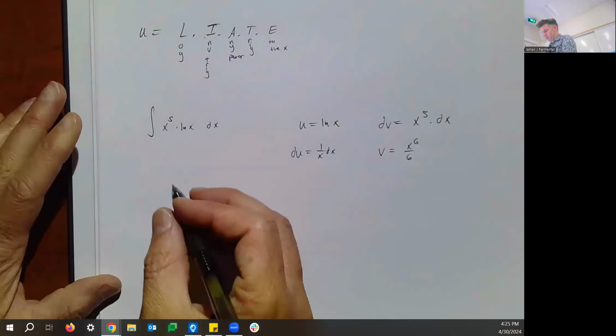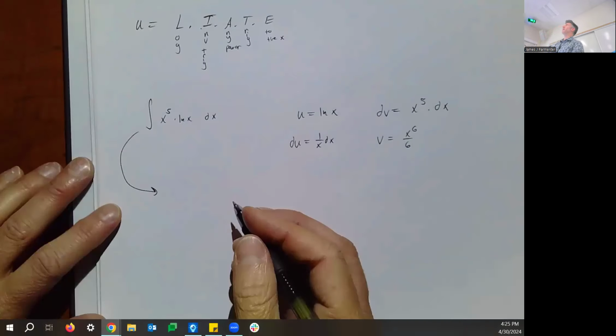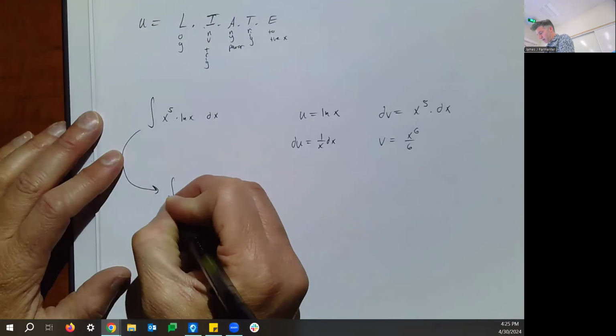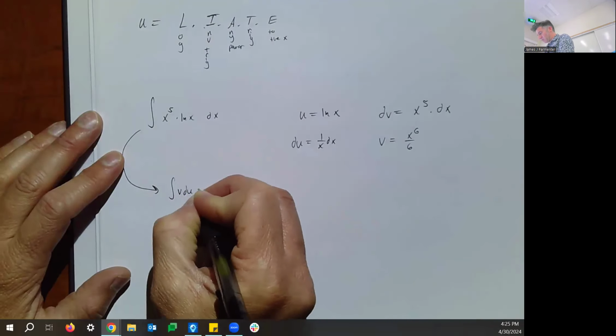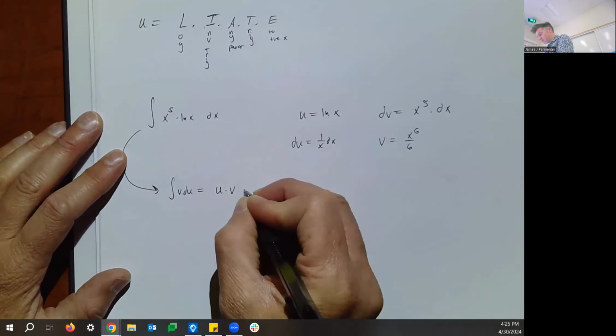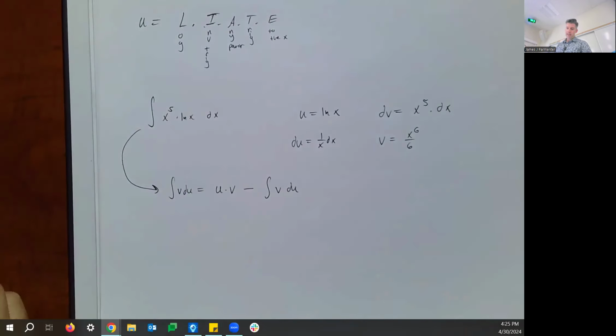So then we're going to rewrite this integral as, here's an acronym coming at you. My integral of v du is equal to my ultraviolet super voodoo. Yes, it sounds weird, but it's hard to forget.